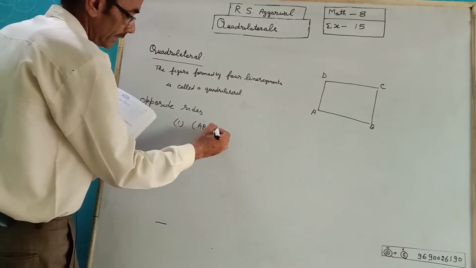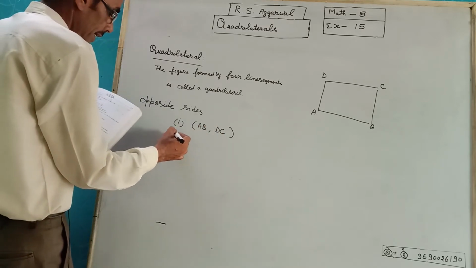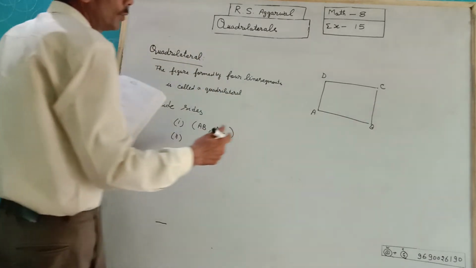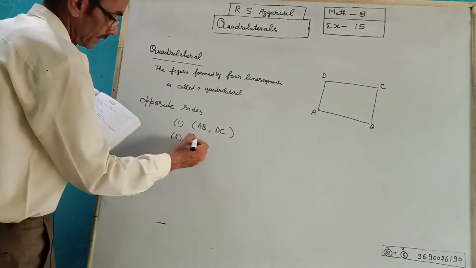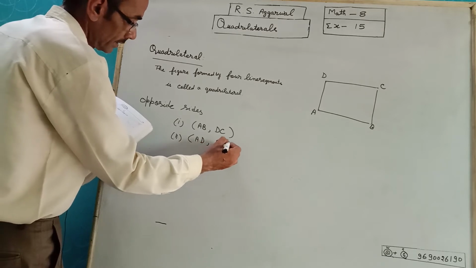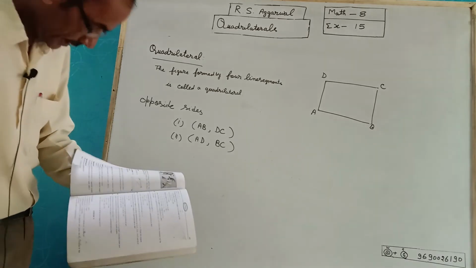AB and DC are opposite sides. Second pair is AD opposite BC. AD opposite BC are the two pairs of opposite sides.